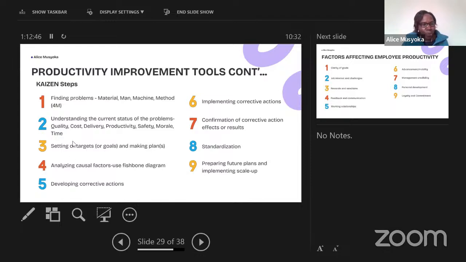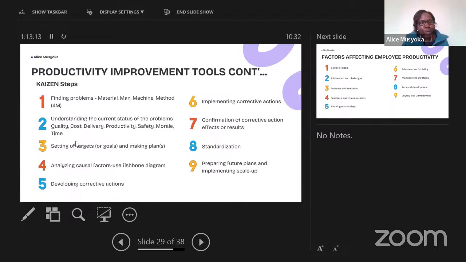Then step number 2, we try to understand the current status of the problem in terms of quality, cost, and delivery, the QCD we were talking about. We also look at safety, morale, and time. So we try to understand what is the current status of the problem.